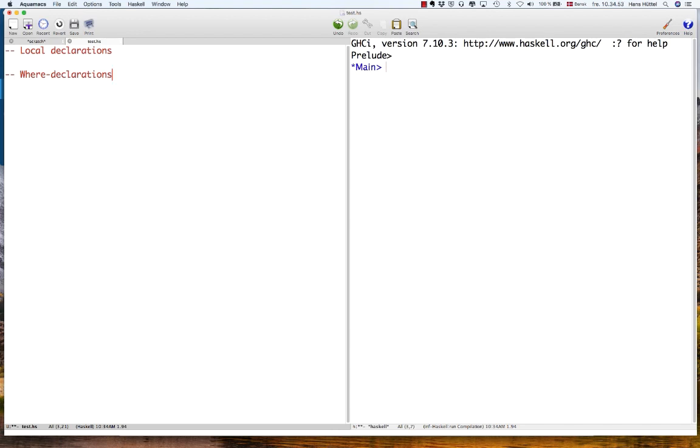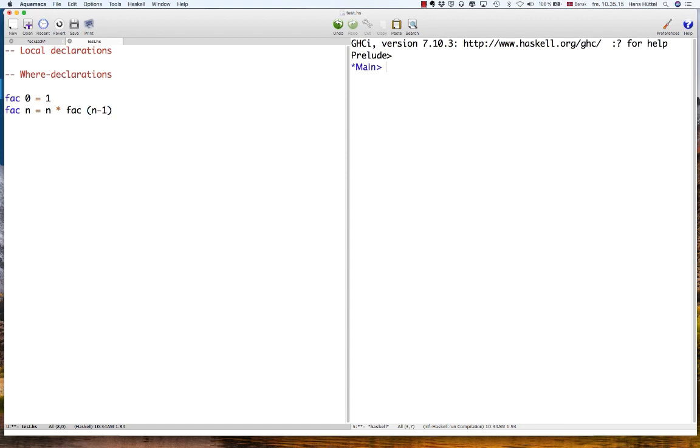First, we'll try to write this without using wheres, and then we'll use a where declaration to make this a little more readable. Suppose I declared the factorial function fac of 0 being equal to 1, fac of n being n times fac of n minus 1.